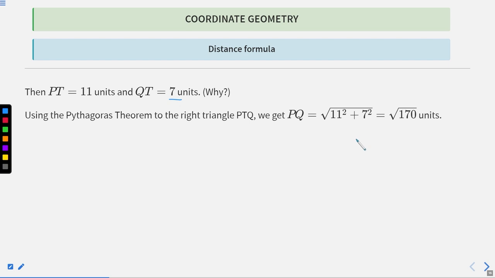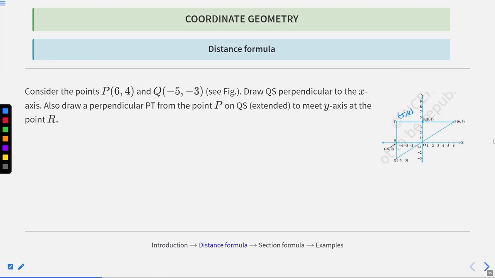And now using the Pythagoras theorem in the right angle triangle PTQ, we get PQ is equal to square root of 11 square plus 7 square, and this is equal to root 170 units. So basically we use this right angle triangle, where the base is PT and the height is QT, and we know the length of PT is equal to 11 units and the length of QT is equal to 7 units.